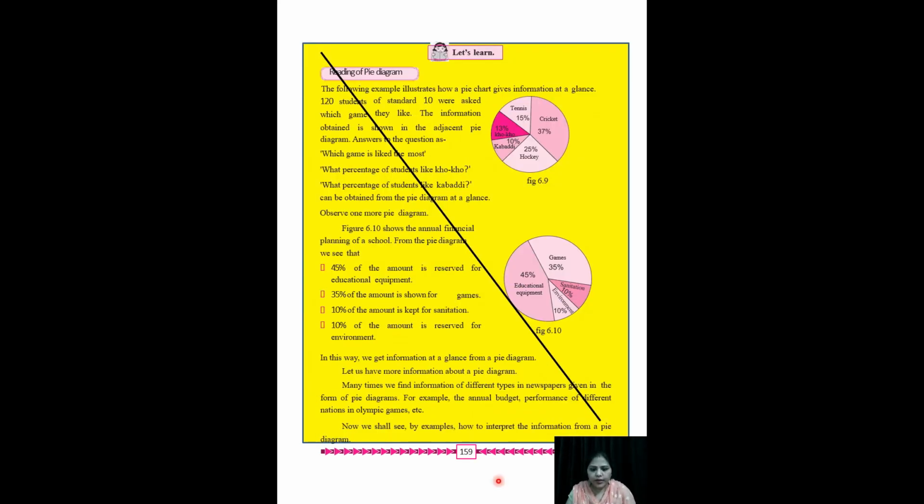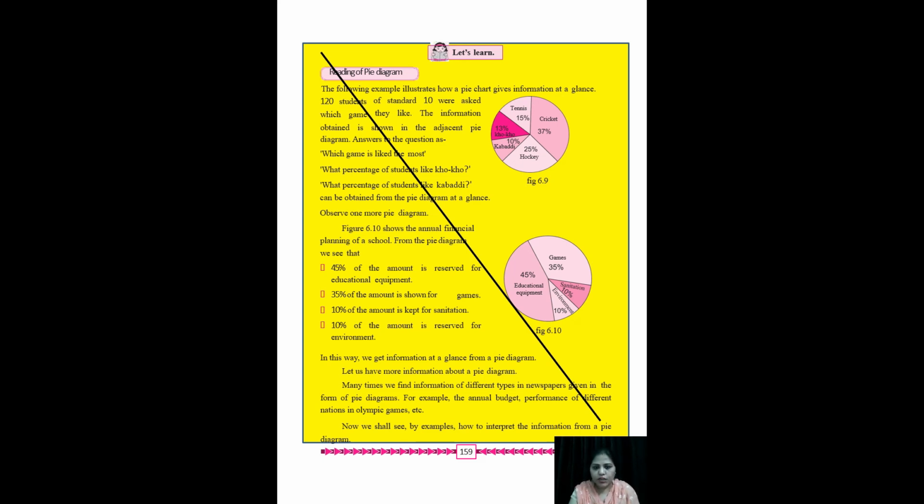Now we'll move ahead to page number 159. It is given reading of pie diagram. Two things were given in pie diagram: first was to construct, and the second was reading of the pie diagram. Now the construction part still exists and reading of the diagram is being cancelled. Sums based on reading of pie diagram will not be asked in the exam.